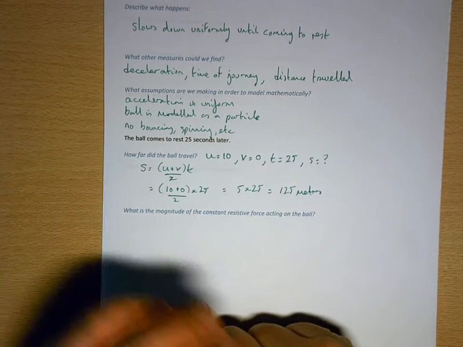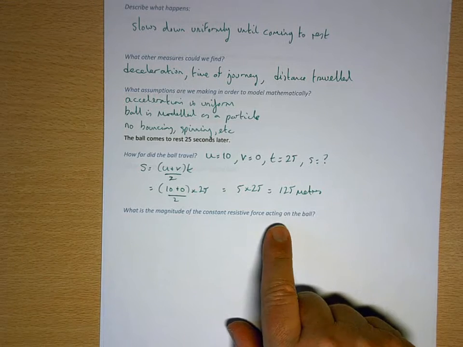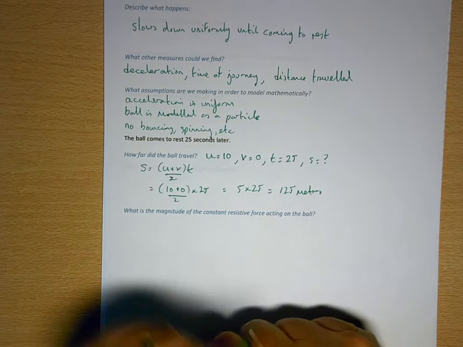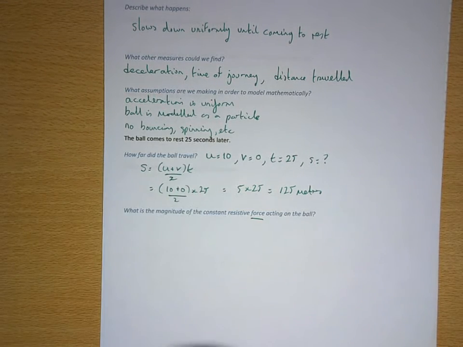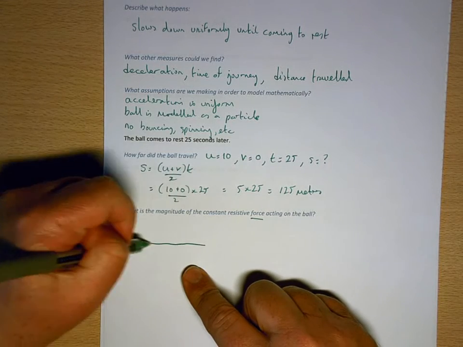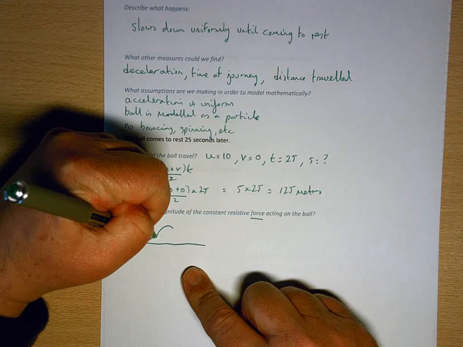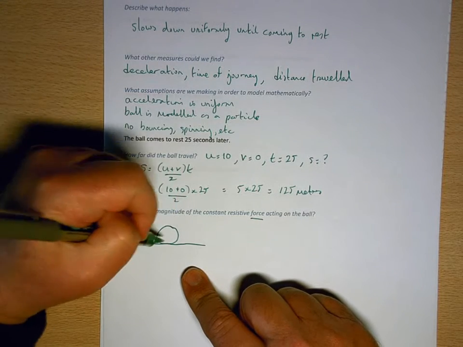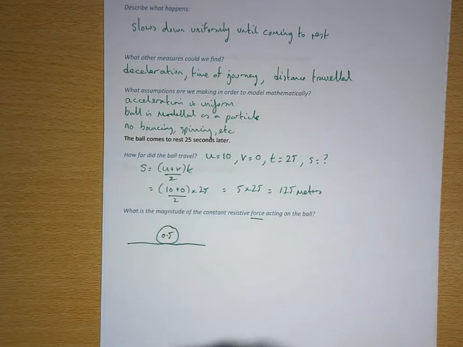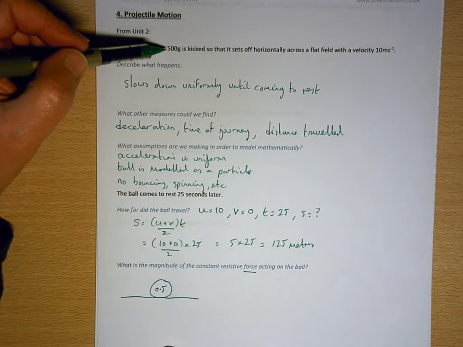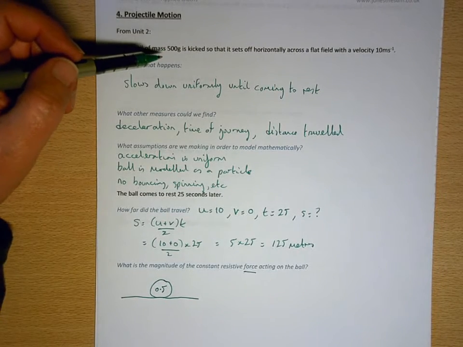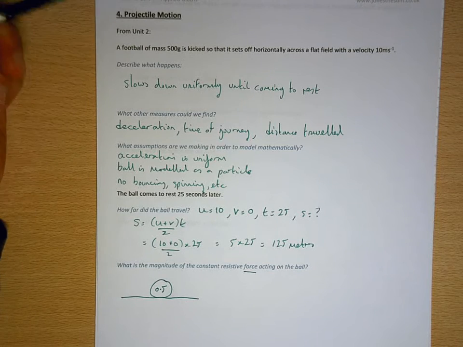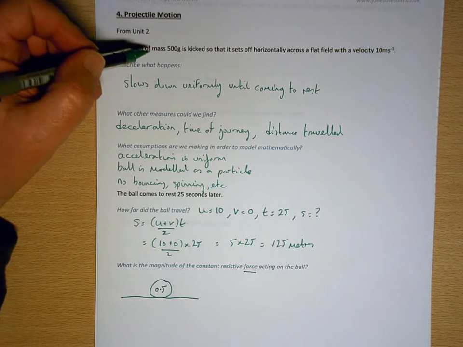What is the magnitude of the constant resistive force acting on the ball? Well, once I see the word force, I know that I need to get a Newton's second law relationship going here. So if here's my point mass, which has got a mass of 500 grams. Now I know that that's 500 grams and not 500 times 9.8 because it's telling me I'm talking about a mass.